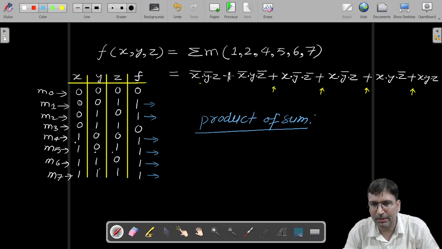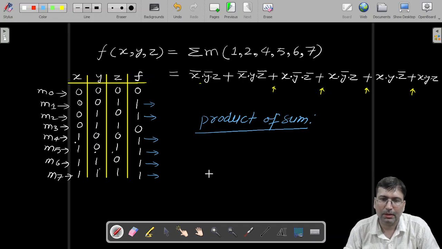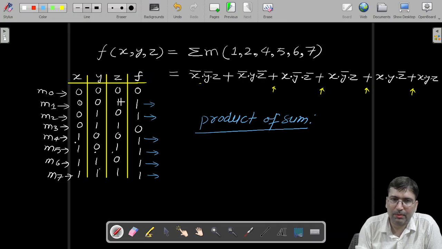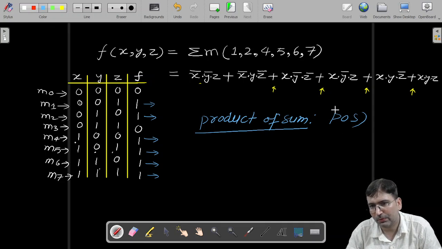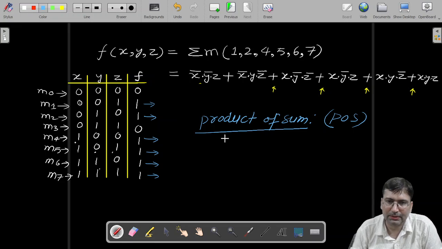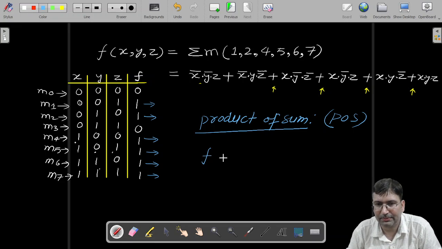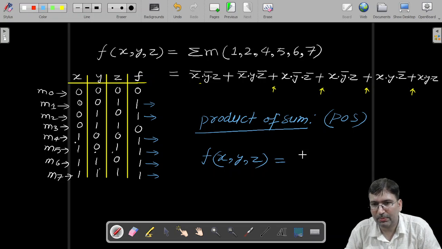So product means in between we have dots. Instead of these dots, we will have OR, plus, right? So the 0 in product of sum, or POS form, we represent like this. So the function of x, y, z will be represented as max terms.